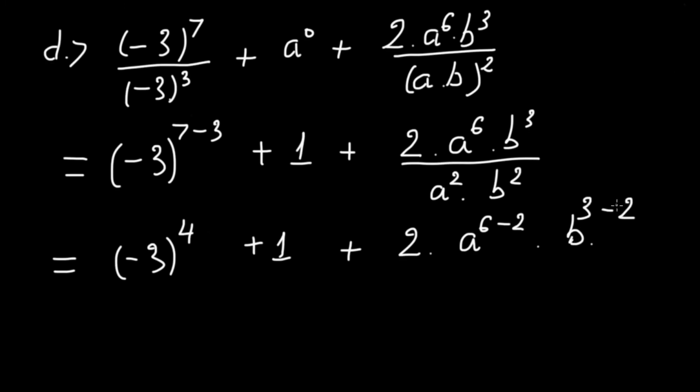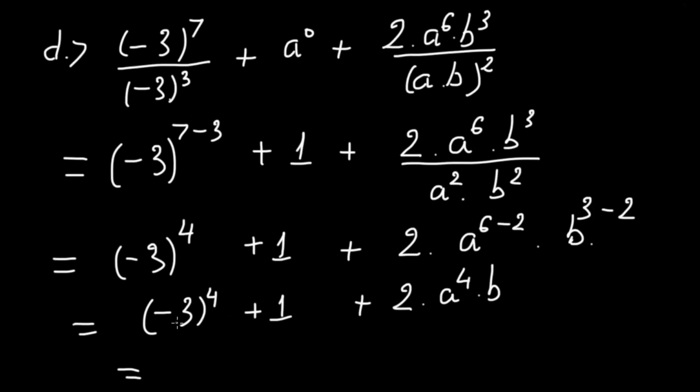It's an exponent. We subtract the exponents together. We keep the same base, right? Equal negative 3 raised to the 4th plus 1. Now we have plus 2 times a to the 4th times b equal negative 3 raised to the 4th equal 81.